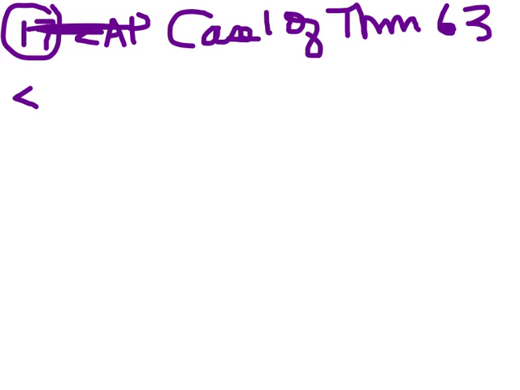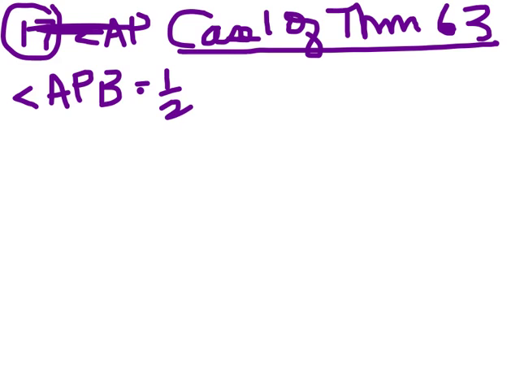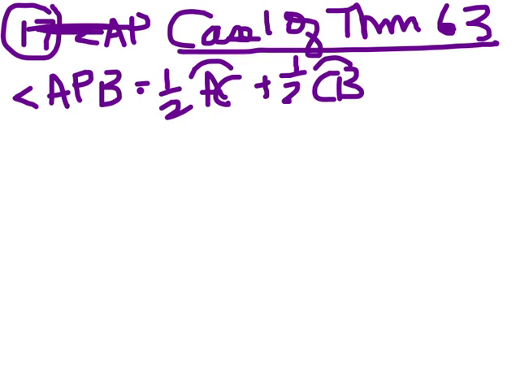Here's what they're saying. There's another part to that. So this is part of the reason, but then look at the statement they make here. Angle APB is a half of AC plus a half of CB. Since we know that this is like the case we proved already, since APB is made up of angle 1 plus angle 2, and angle 1 is half of AC, and angle 2 is half of CB, then we can just substitute all that in there.